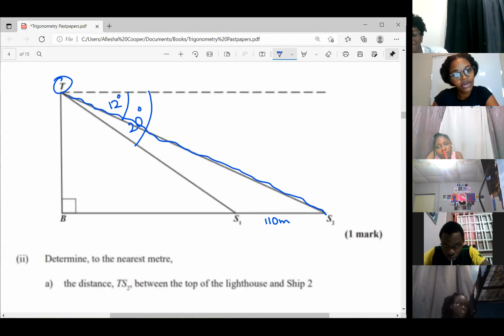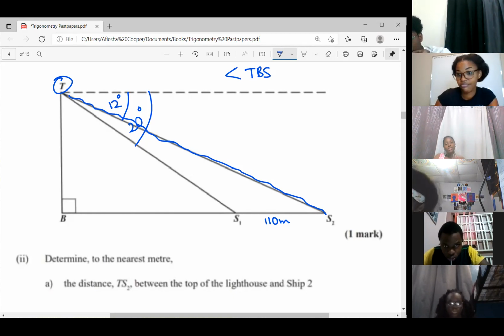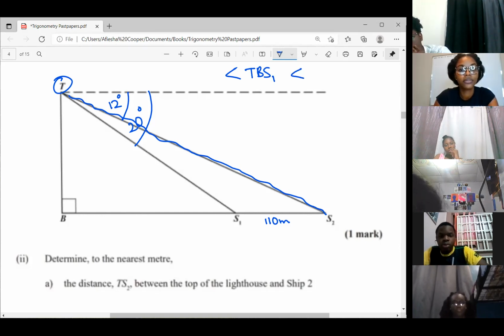So for me to use sine rule, first of all, how many triangles are there? We have triangle TBS1. There's another triangle called TBS2. There's another triangle called TS1S2.